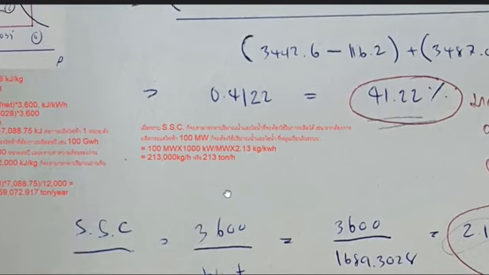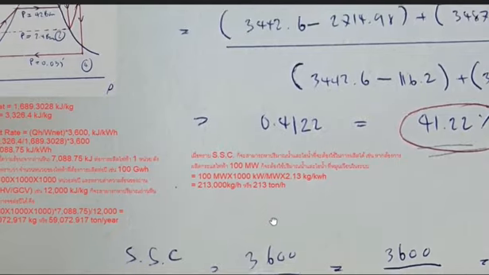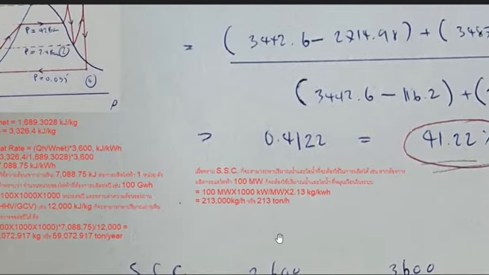And another value that we need to find and calculate is the heat rate. The unit of heat rate is kilojoule per kilowatt hour. It tells us how much energy, how many kilojoules of energy we need to produce 1 kilowatt hour, 1 unit of electricity.